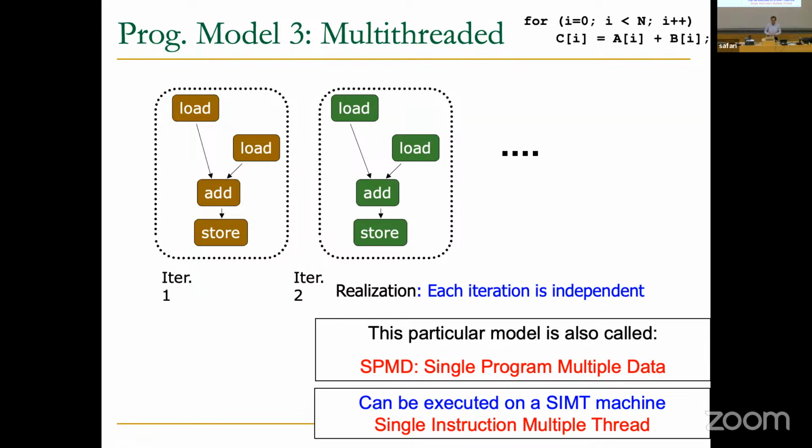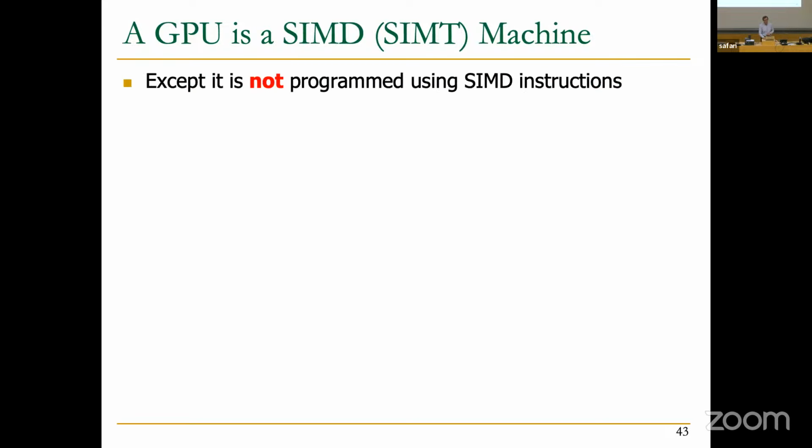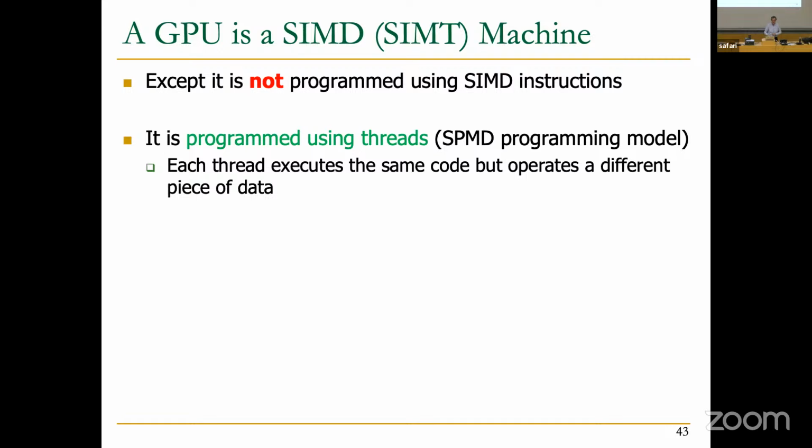Basically, a single instruction comes from multiple threads at a given time. So a GPU is a SIMD or SIMT machine, except it's not programmed using SIMD instructions like we did yesterday. It's programmed using threads that everyone is familiar with. SIMD is a bit harder, if you will. But the threads need to obey this SPMD programming model. Each thread executes the same code, but operates on a different piece of data.